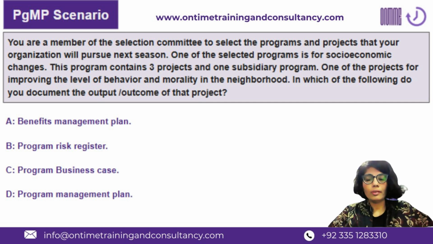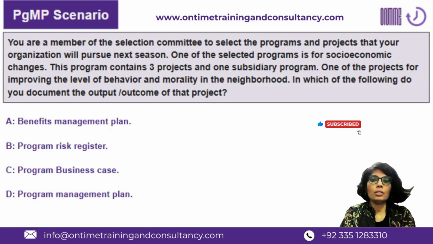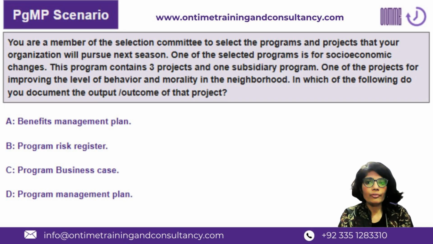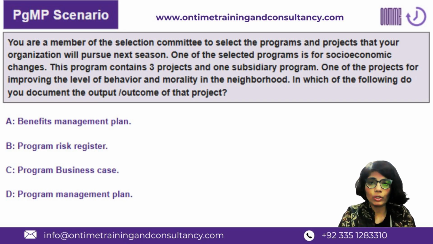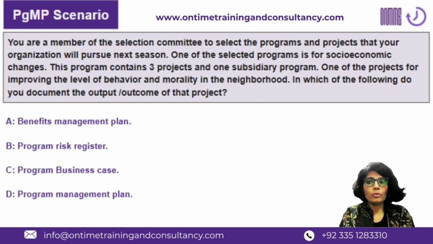We are going to discuss an interesting PgMP scenario in this video. I keep receiving this query from my PgMP delegates that they are always confused between different artifacts in the program, especially the strategy-related artifacts: business case, charter, roadmap, benefits management plan, program management plan.